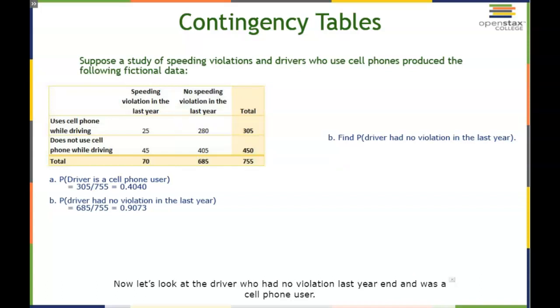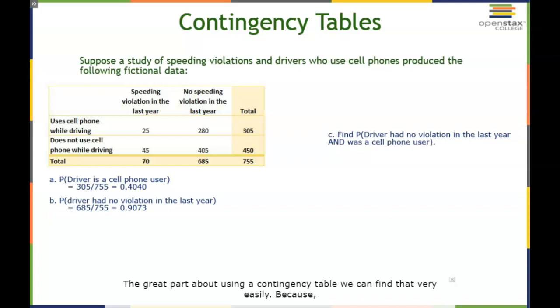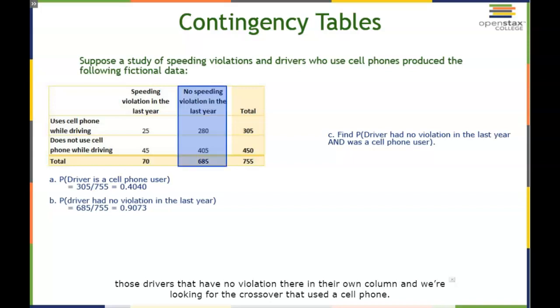Now let's look at the driver who had no violation last year and was a cell phone user. The great part about using a contingency table, we can find that very easily because those drivers that had no violation, they're in their own column, and we're looking for the crossover that used a cell phone.